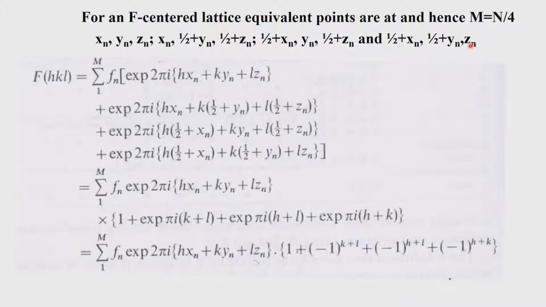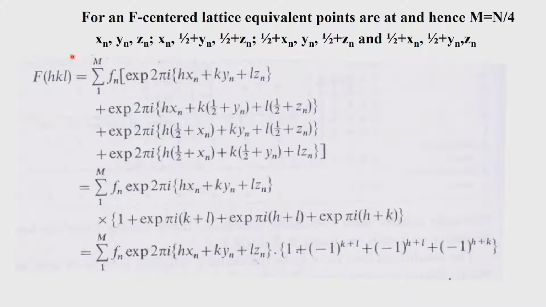So we again do the calculation. What we do is divide the atoms into the 4 equivalent points, so the number of atoms in the unit cell, m, now becomes n by 4. So the summation is now over 1/4 of the total number of atoms in the unit cell. The effort becomes less when we have an F centered lattice.